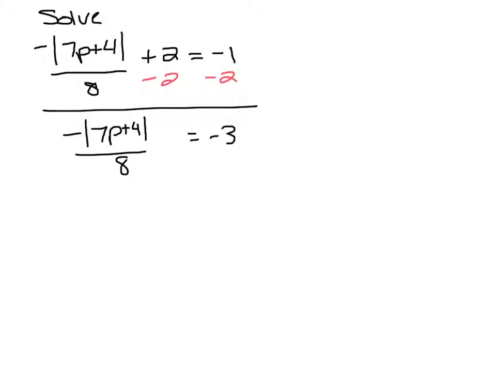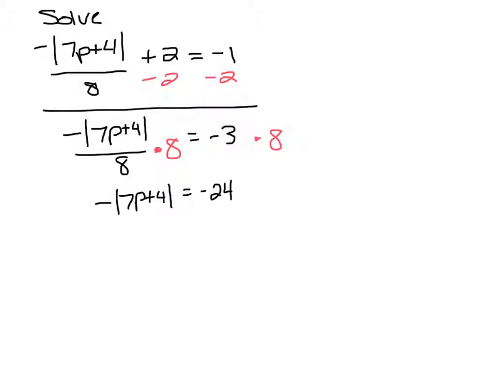Now we can either get rid of this 8 or this negative first. It doesn't really matter. But let's just get rid of 8 first. Since we're dividing by 8 here, we're going to multiply by 8 to undo that. So we got negative the absolute value of 7p plus 4 equals negative 24.